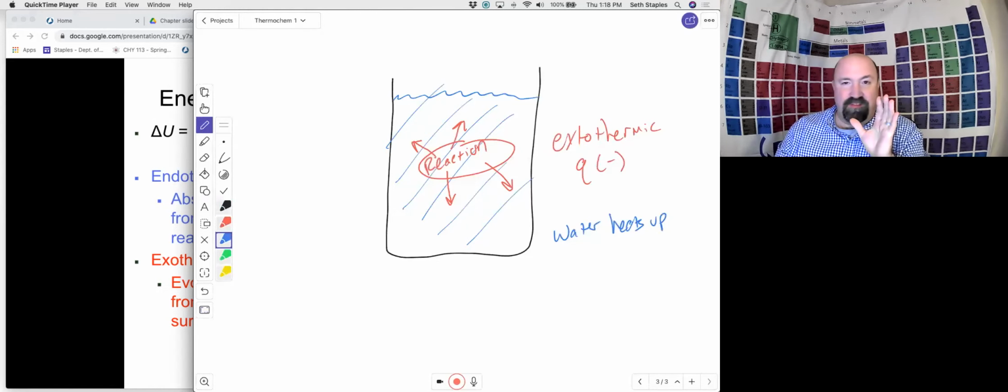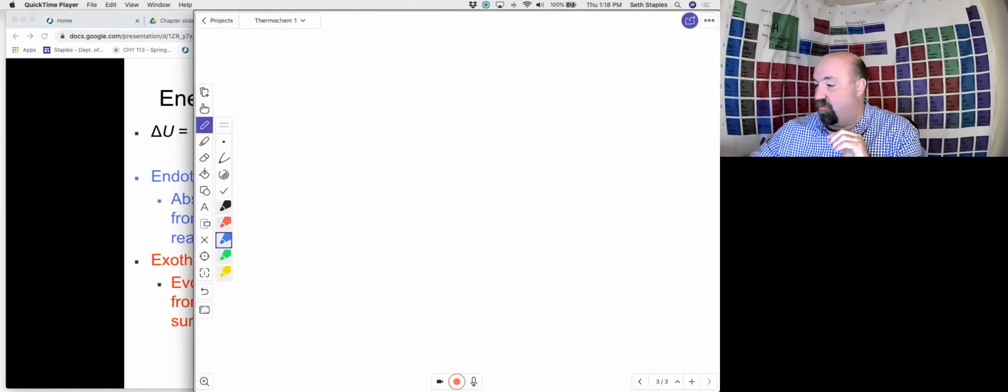Anytime we're doing this energy stuff, stop and think about the direction of energy flow. If you were holding on to this beaker, you would feel it warm up. But you're feeling it warm up because energy is leaving the reaction, leaving the system and going into the surroundings. And the opposite can absolutely be true.